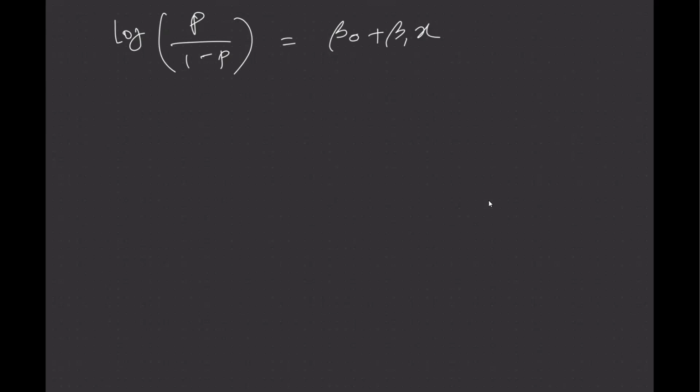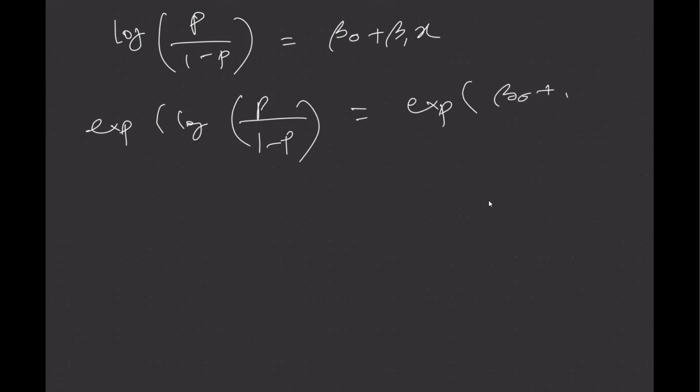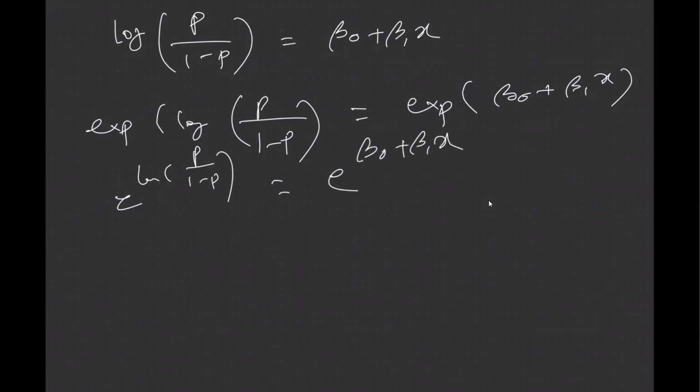I'm just trying to derive it, guys, so that you understand how this thing came into being. So this is basically like e to the power ln, which is natural logarithm, right? This is e to the power beta naught plus beta x.